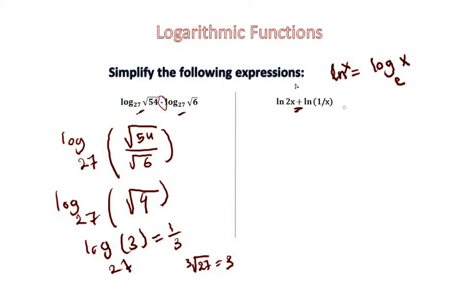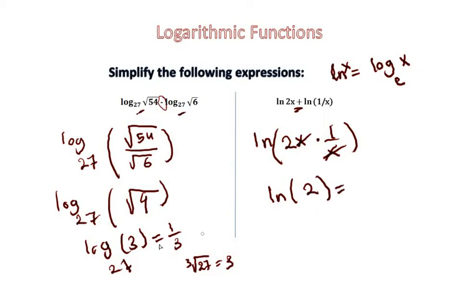So we can rewrite this as one logarithm with multiplication. Ln 2x times 1 over x. It could be simplified more, so it is ln 2, and you can find this using the calculator. It's about 0.69.